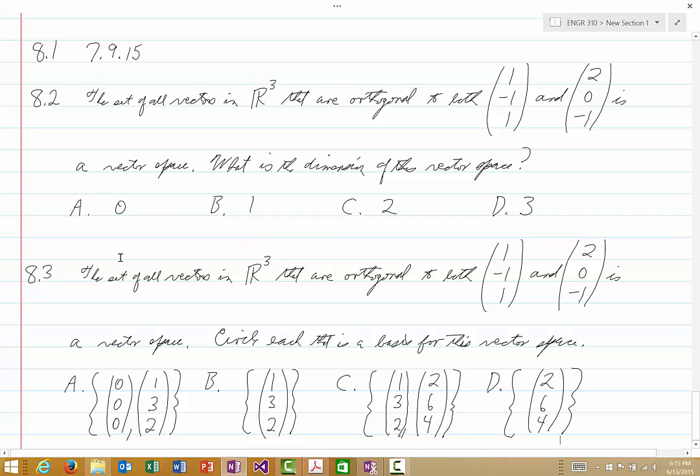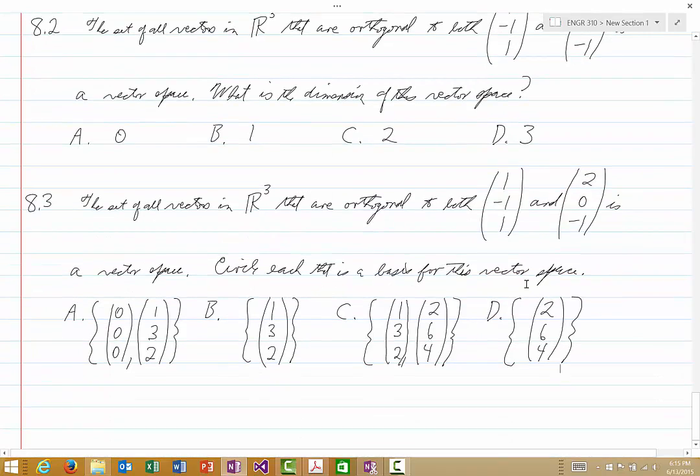And then finally in problem 8.3, you're dealing with the same set of vectors. So again, it says the set of all vectors in R3 that are orthogonal to both (1, -1, 1) and (2, 0, -1) is a vector space. Circle each that is a basis for this vector space. So there may be more than one answer to circle here. There may be no answers to circle.